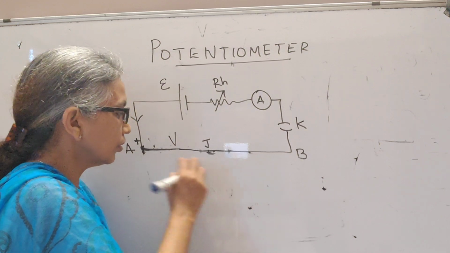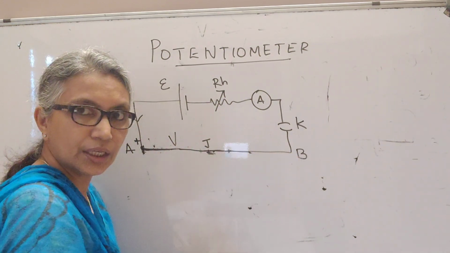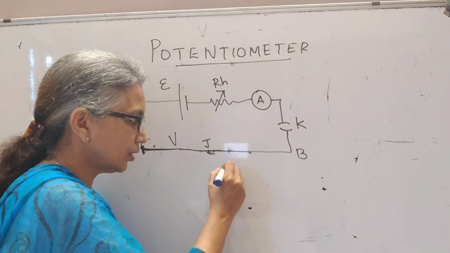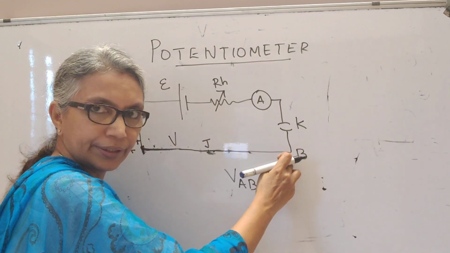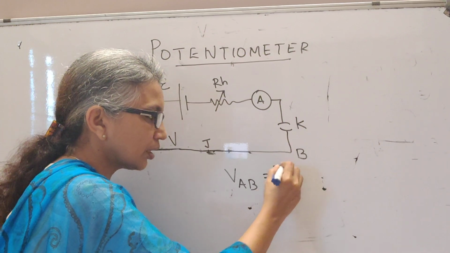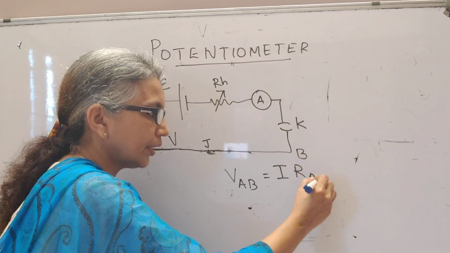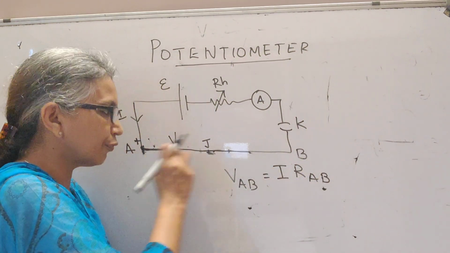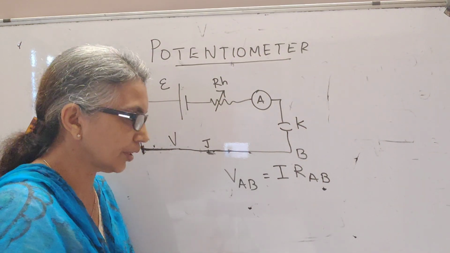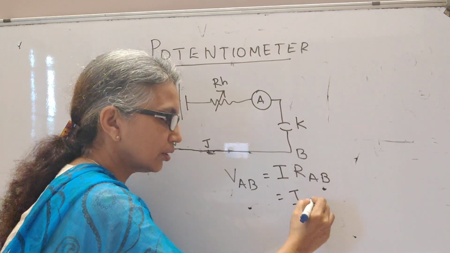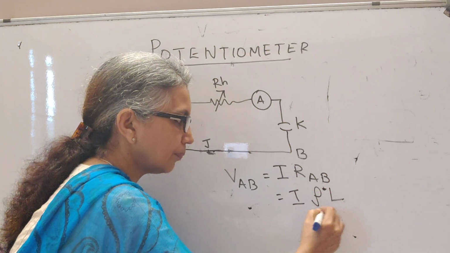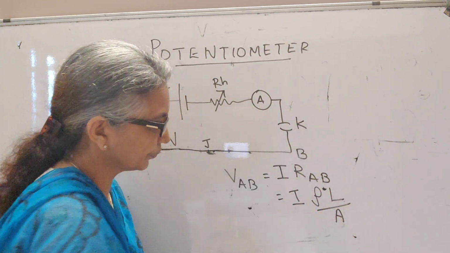Now, the full voltage that is available across the wire, VAB, will be equal to the current in the wire multiplied by the resistance of that full length of wire, right? Now, this is going to be equal to I into rho capital L by A.